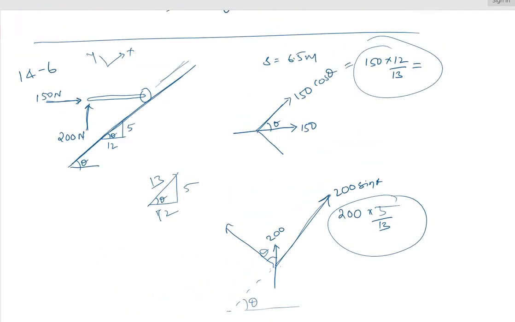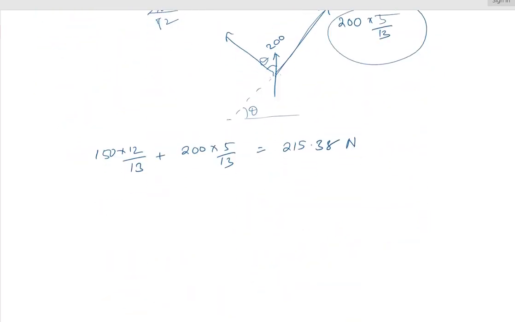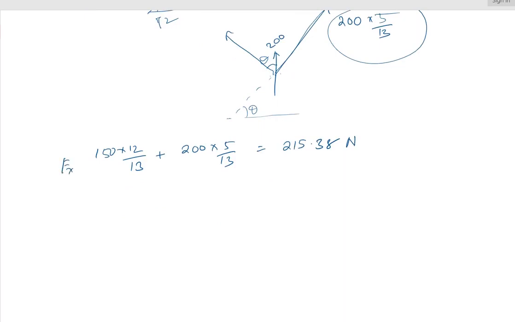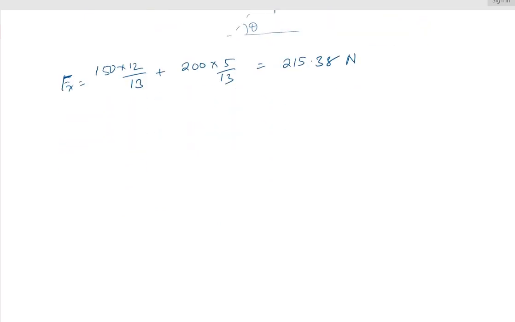That is the net force that is acting in this direction. Now we take this net force, Fx total, and then we multiply it by the distance.